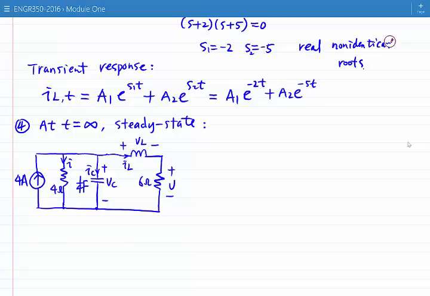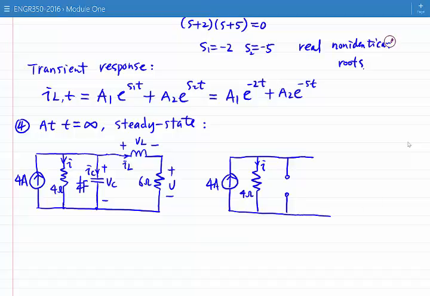So we can use an open circuit to replace the capacitor. Let's simplify our circuit again. I have my current source, 4 amp, and the resistor 4 ohm. My capacitor is replaced by an open circuit because it's DC steady state, and my inductor is replaced by a short circuit.